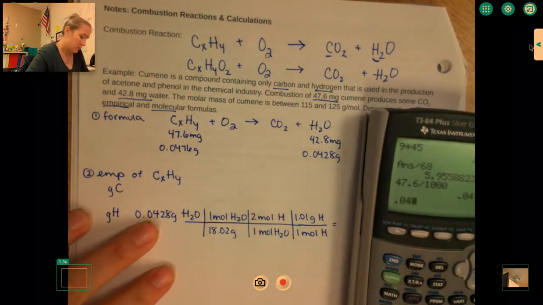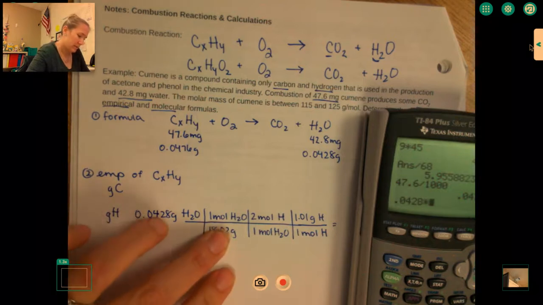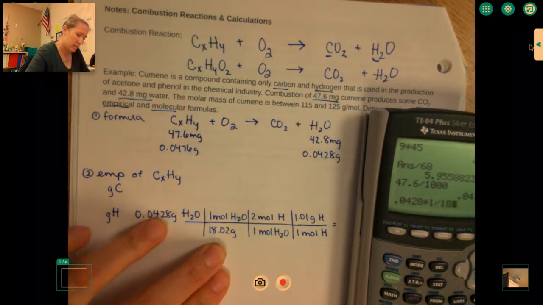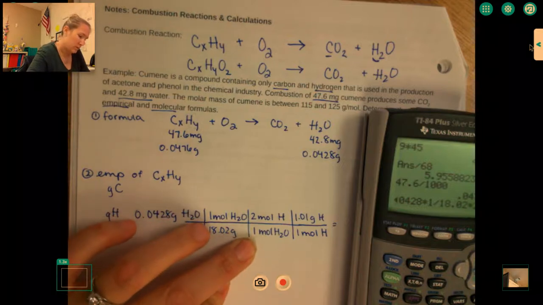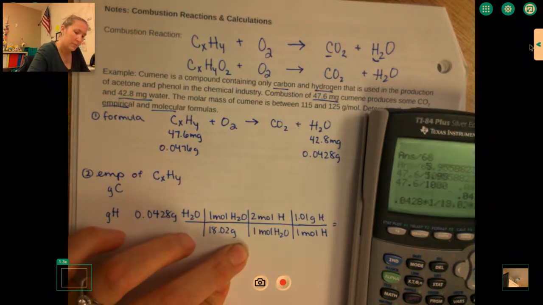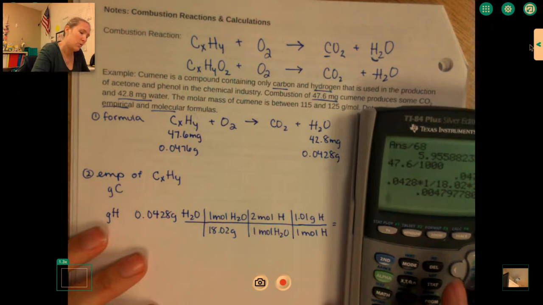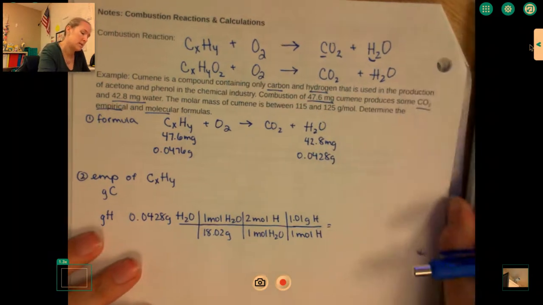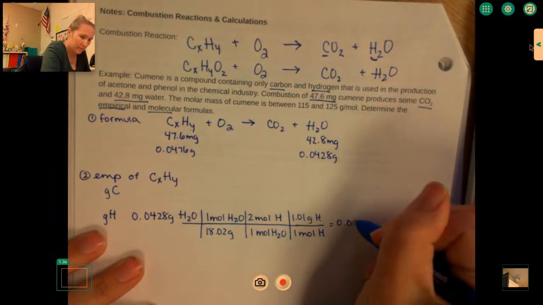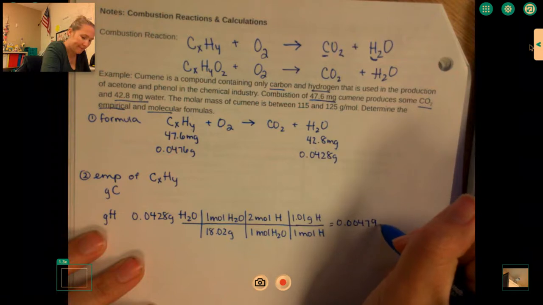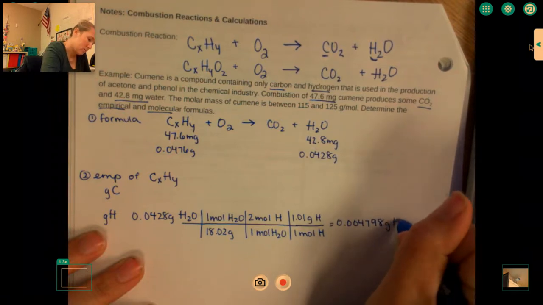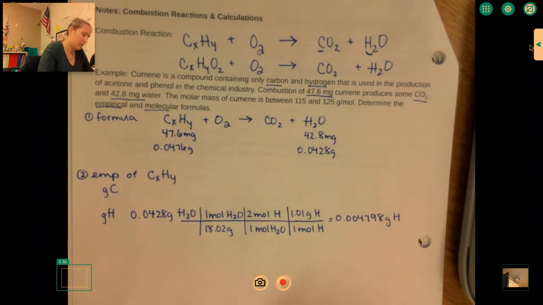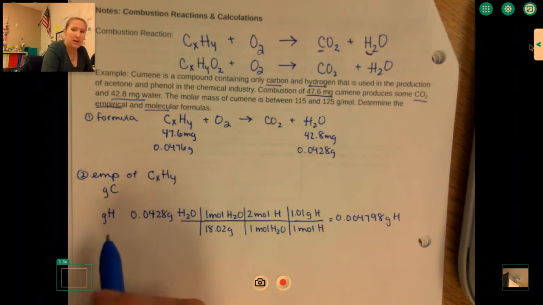So 0.0428 times 1 divided by 18.02 times 2 times 1.01. So you get 0.004798 grams of hydrogen.